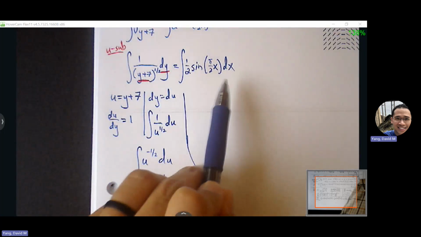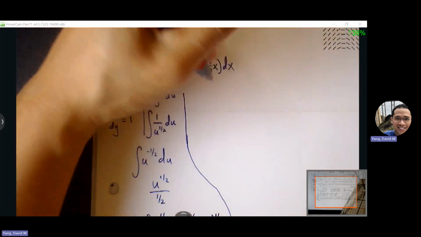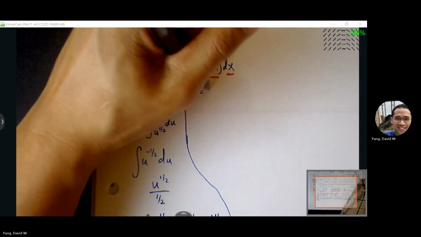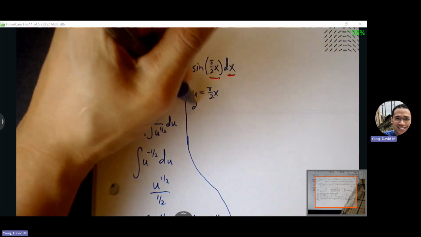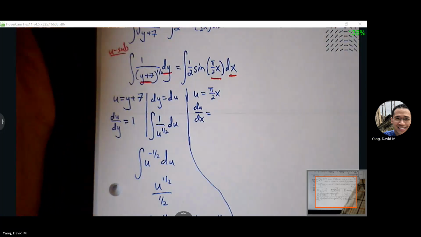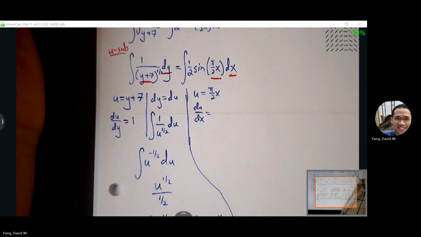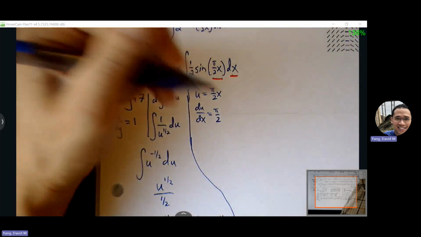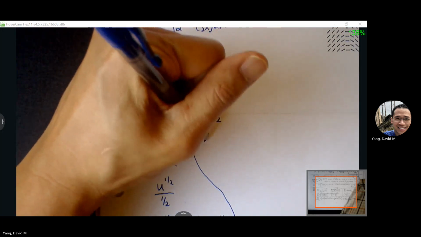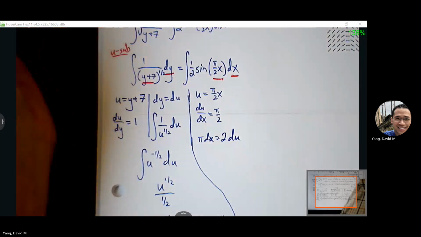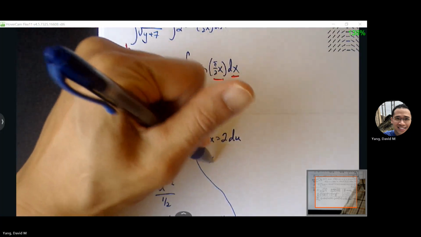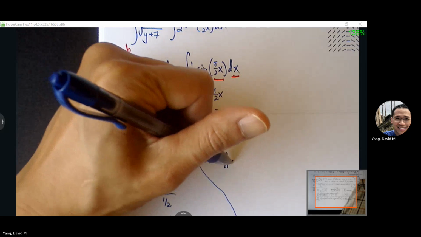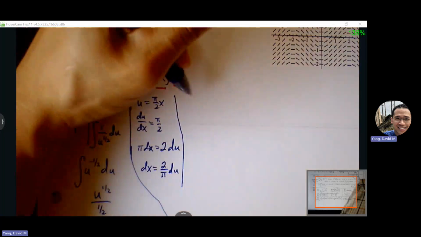So what's our u value on the right side? Yes. Okay, derivative. Cross multiply. Solve for dx. Make your substitution.